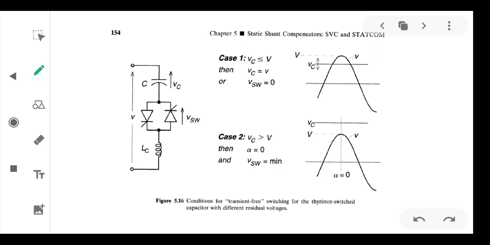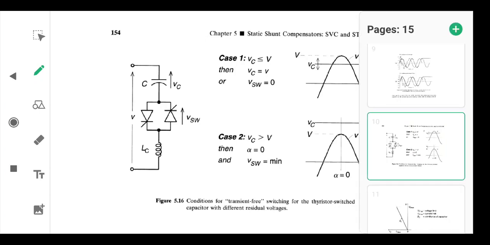Alpha equal to 0 corresponds to the peak value, and the capacitor voltage is higher than the maximum value, and hence the voltage across the switch is capacitor voltage minus peak voltage. It is the minimum possible value, in order to reduce the switching transients of the TSC.